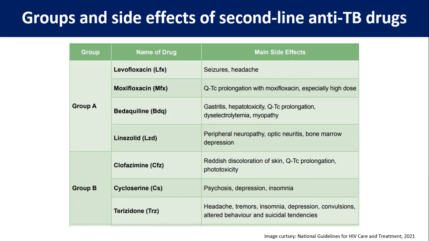Moxifloxacin, there is QTc prolongation, and with bedaquiline, there is gastritis, hepatotoxicity, QTc prolongation, dyselectrolytemia, myopathy. Linezolid, peripheral neuropathy, optic neuritis, and bone marrow depression. Clofazimine, reddish discoloration of skin, QTc prolongation, and phototoxicity. Cycloserine, psychosis, depression, insomnia. And terizidone, it is headache, tremor, insomnia, depression, convulsion, altered behavior, and suicidal tendencies.